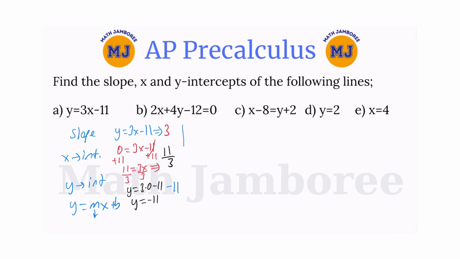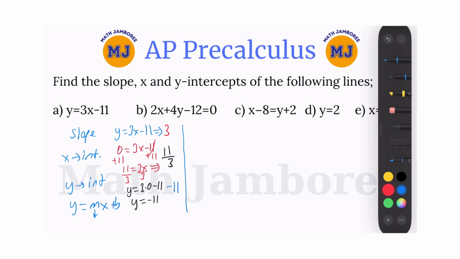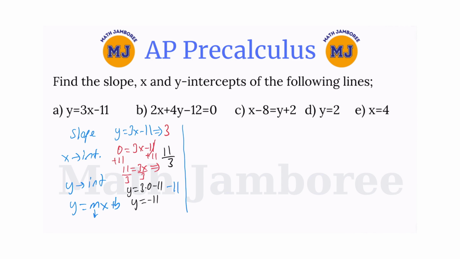So let's do this for choice B. We're going to find the slope. To find the slope, we will need to isolate the y. So we will take away 2x from both sides and add 12 to both sides, because we're going to isolate the y. 4y equals negative 2x plus 12.